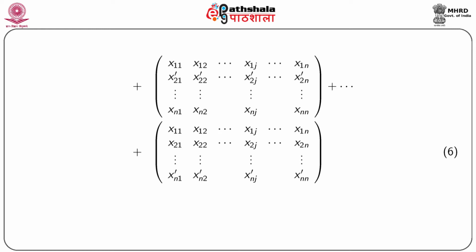The last one has the last row in terms of derivatives, that is xn1', xn2', ..., xnj', ..., xnn', and this can be easily proved by induction. Right now we take it as a property and name it equation 6.